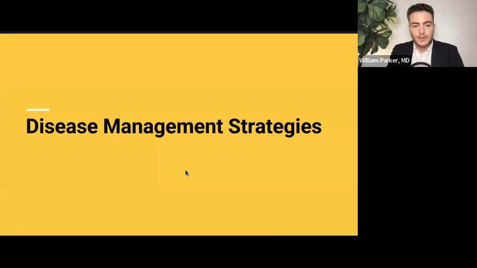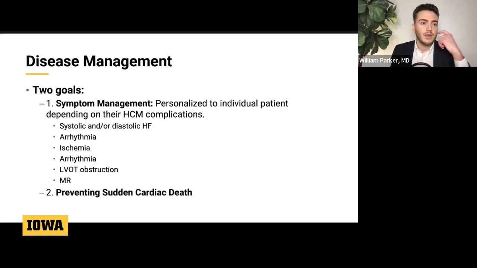We just spent a while talking about how you actually make the diagnosis of hypertrophic cardiomyopathy, but let's talk about what you do once you've made that diagnosis. There are two goals in disease management in terms of pharmacotherapy.